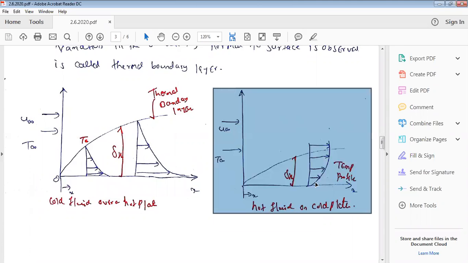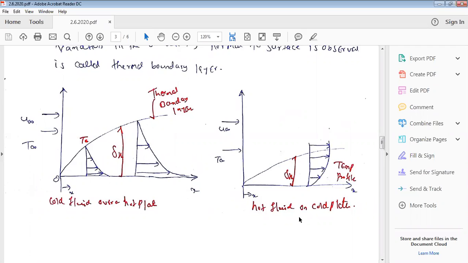Now see here. In this case it is the same thing, but here hot air is flowing on a cold plate. Here our plate is cool, but the air which is passing above it is hot. Understood?